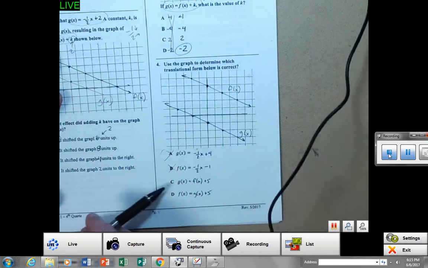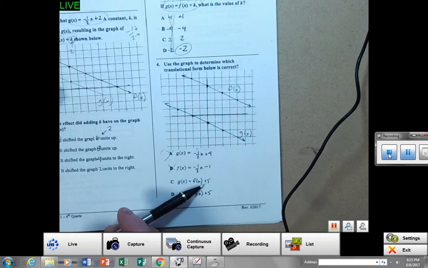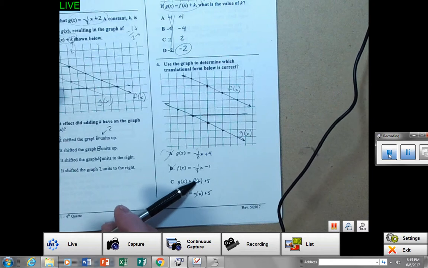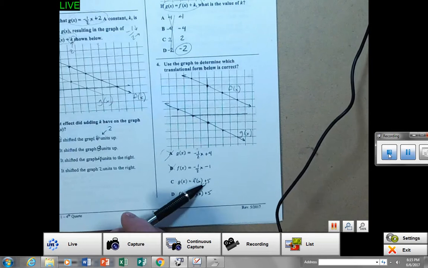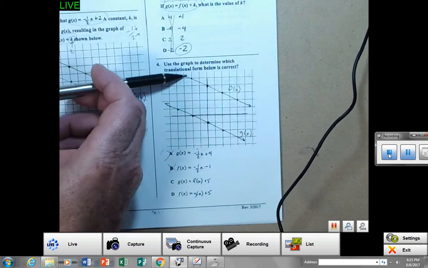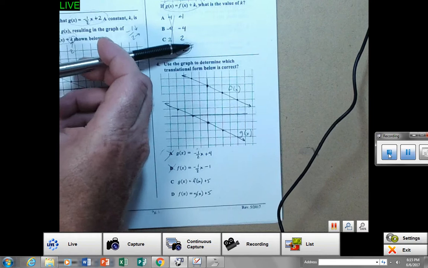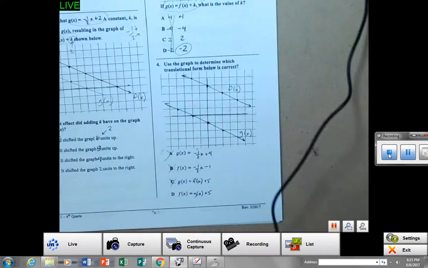This situation says start at f of x, the original line, and move it up 5 boxes. So if I start at f of x, the original line, and I'm moving it up 5 boxes to get this new g of x line, that would be taking this f of x line and moving up 5 boxes. But that's not the case. That is not the answer.